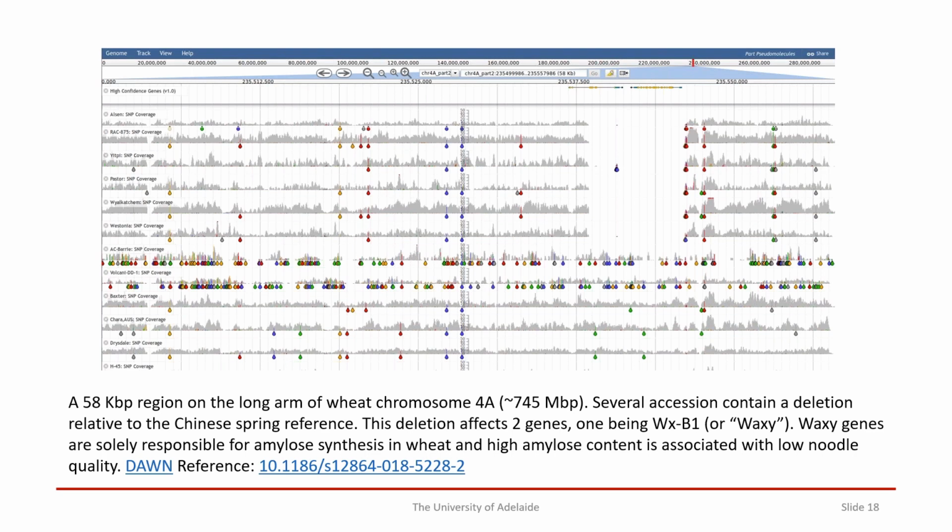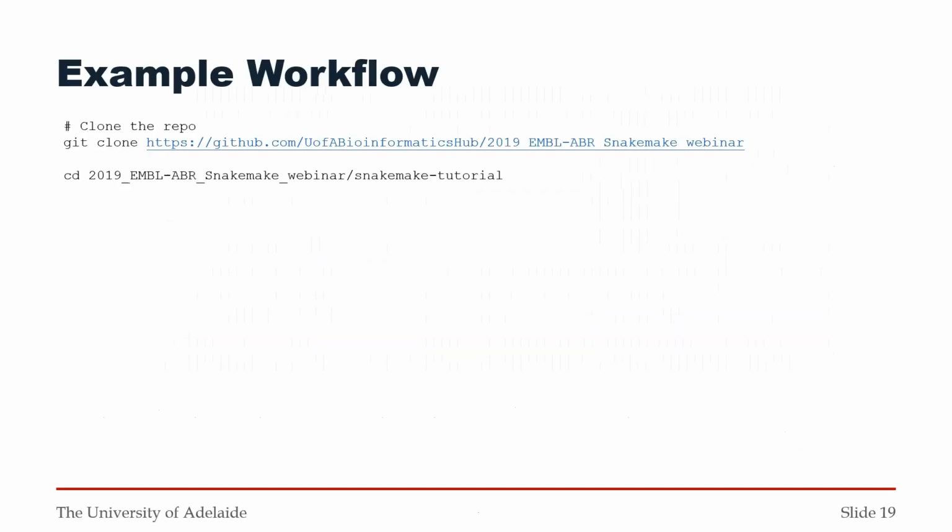What we're actually looking at is a 58 kilobase pair region of a chromosome in wheat. It was of interest because there are two genes which are affected by a deletion in some accessions of wheat. You can read the Dawn paper if you're interested. But this is just to say the workflow will be setting up this small mock data set for the purpose of this workflow.